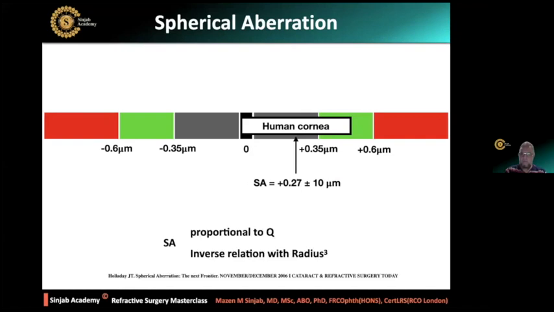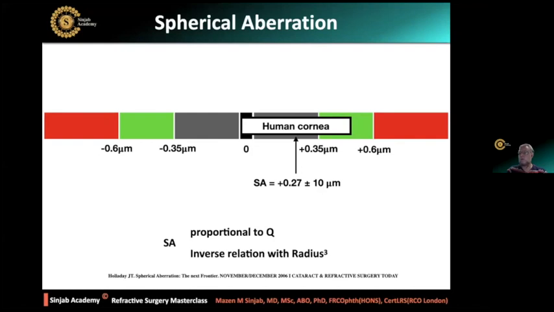Okay. Now, the spherical aberration is not proportional to Q value alone, but also to the radius of curvature, so K readings. So we cannot guess the spherical aberration just from the Q value. The Q value describes the asphericity, all right?